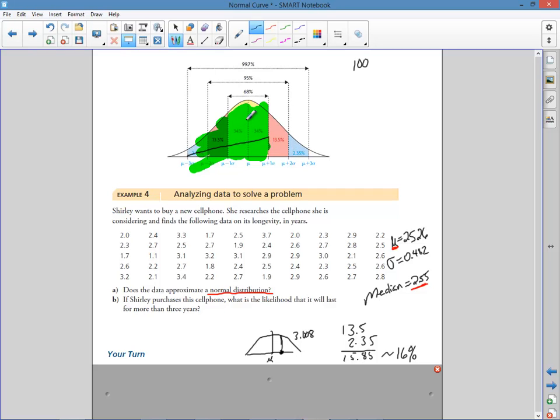From the mean below is 50% of the data. We know it's approximately 34% in that region. So in total, 84% of the data is left. If we take that away from 100, and that's looking at all cell phones, we'd be left with 16%. And that would mean that's 16% here.